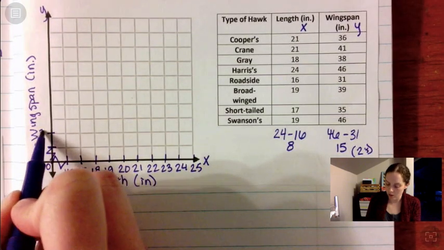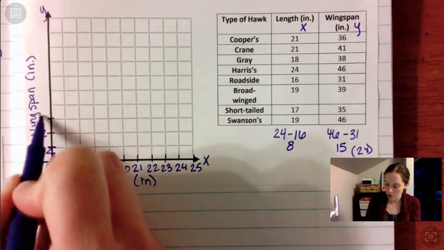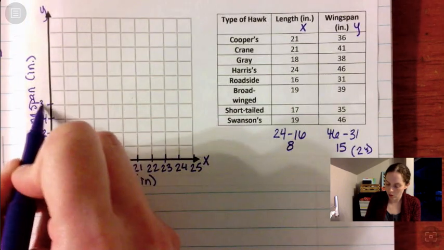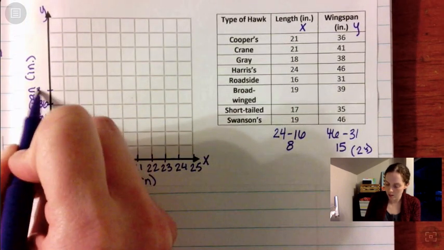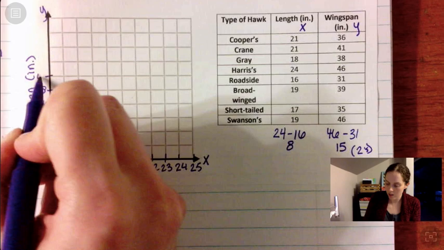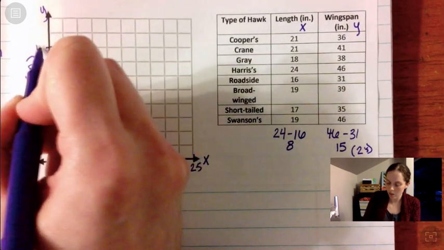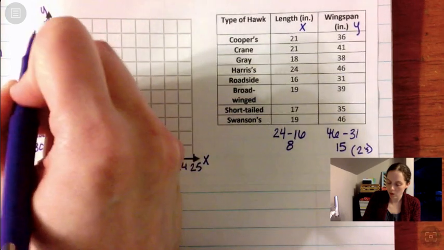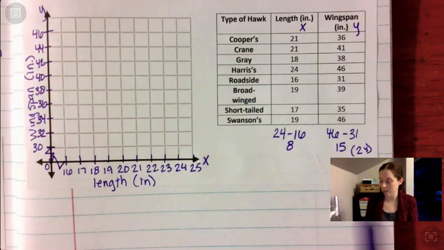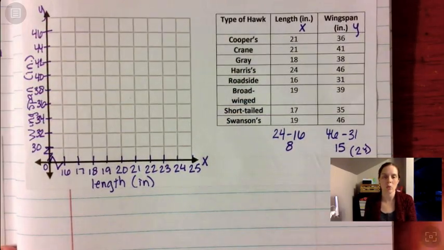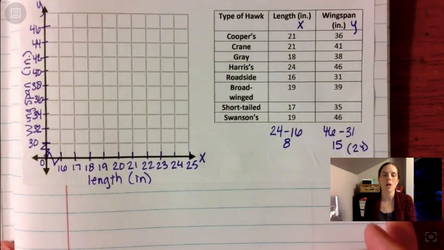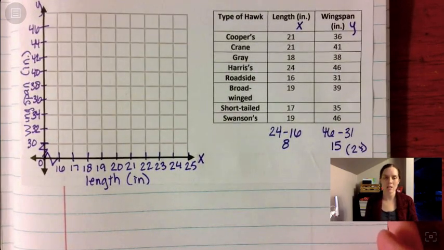So this is going to be 32, 34, 36, 38, 40, 42, 44, 46, and that's where I needed to be. The highest number here is 46. Okay, I think of these scatter plots, the hardest part is setting up the graph.